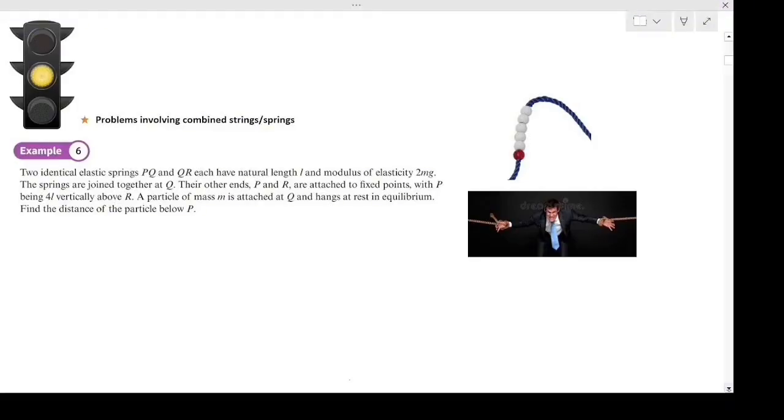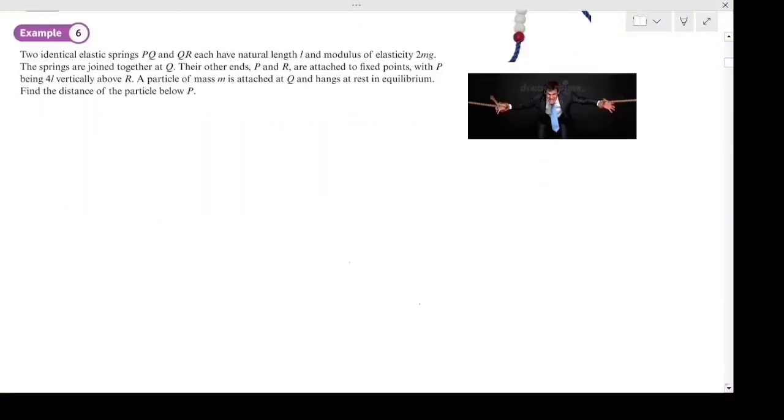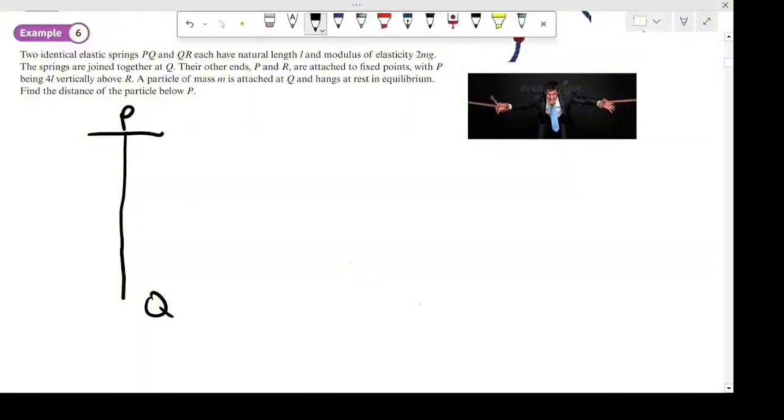Okay, so what's going on here? We've got these 2 springs, PQ and QR, and they're connected together. So for the first one, PQ, it's going to hang down from a fixed point P like this and then end at a point Q. Then I'm going to do the other in red.